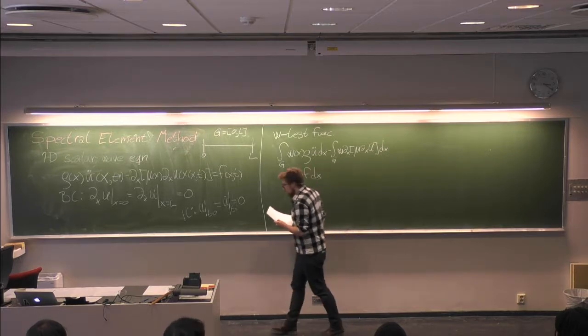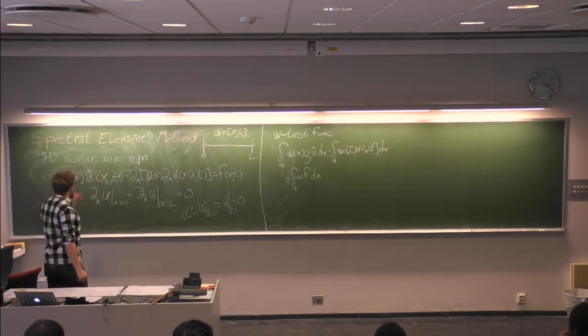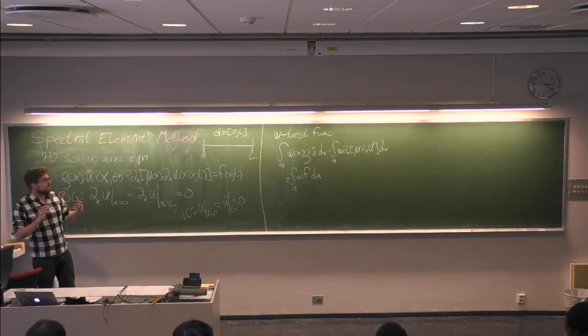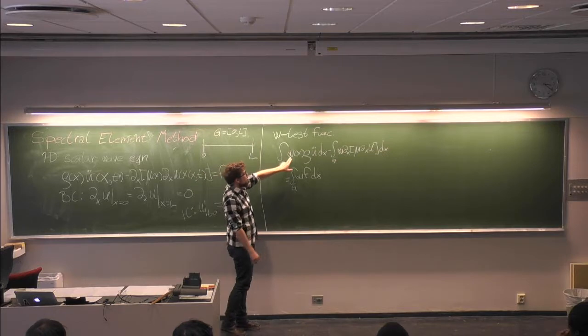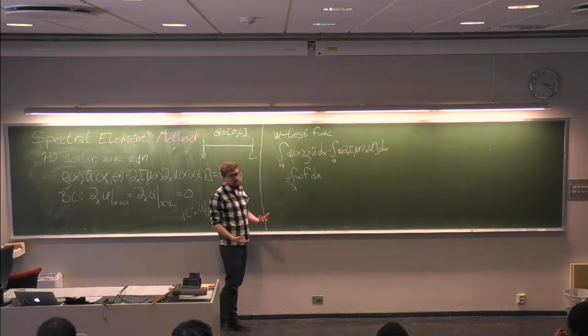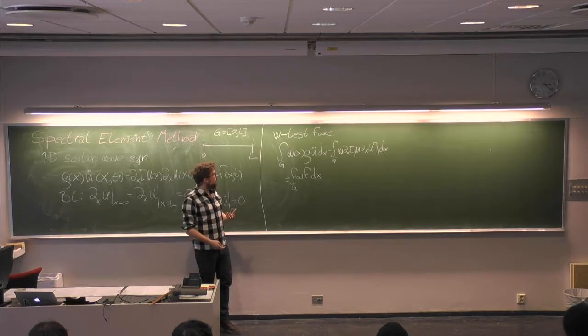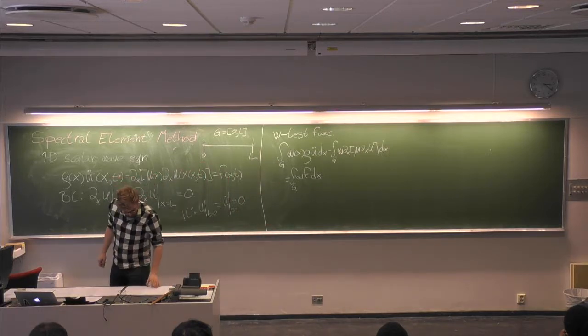So this is basically the 1D scalar wave equation, only that we've multiplied with a test function w and integrated it over all space.